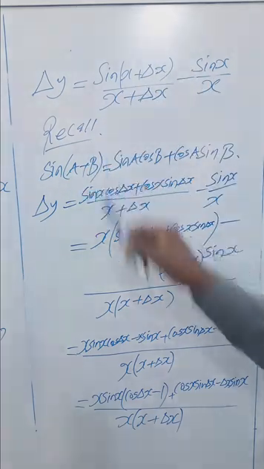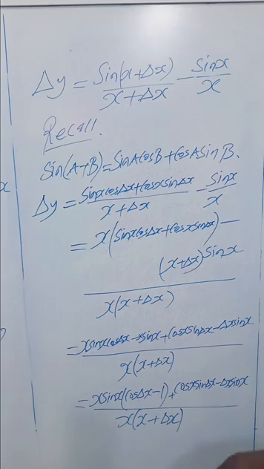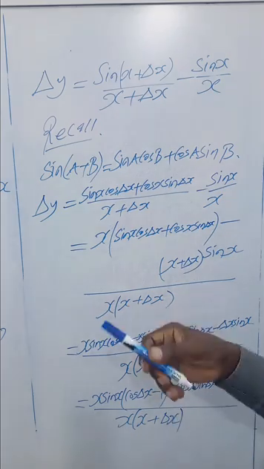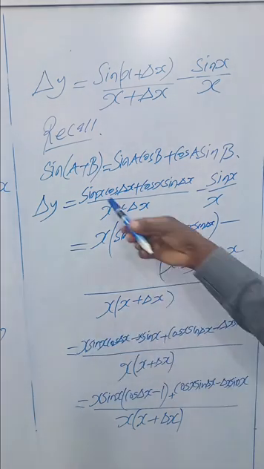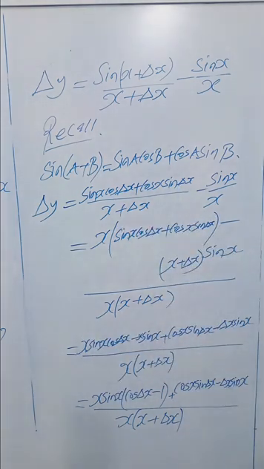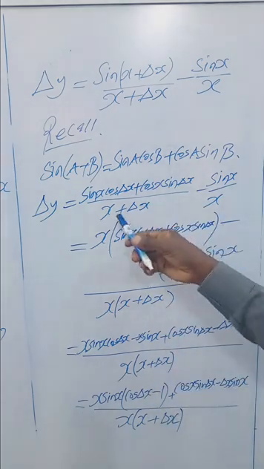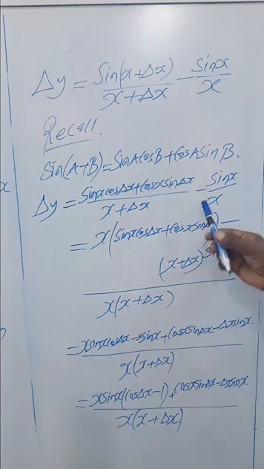So let's first deal with this one. We have to recall from compound angle formulae in trigonometry. If you have sine of (a plus b), this is what you get for the expansion. So we take that for the first part of our numerator. We divide by x plus delta x, then we subtract sine x divided by x. Okay, so we find a way of combining the two. How?